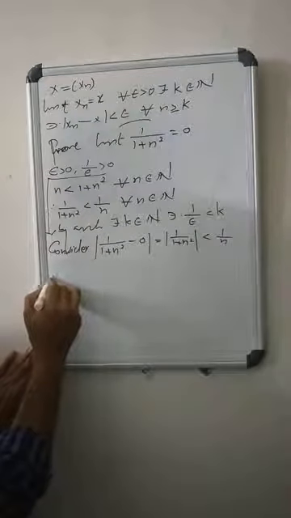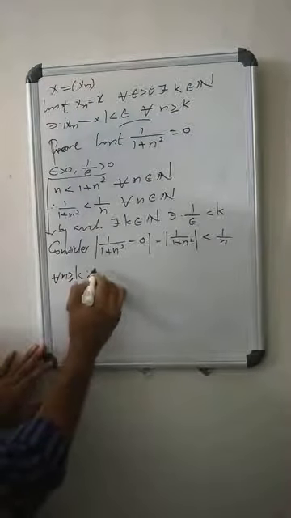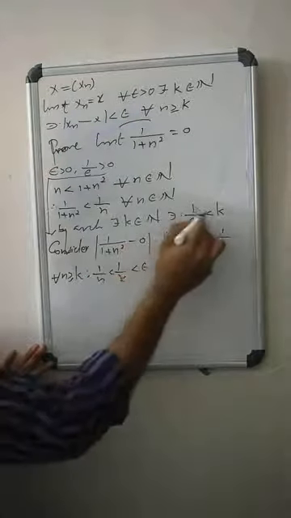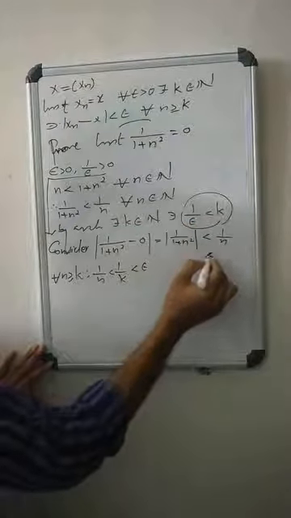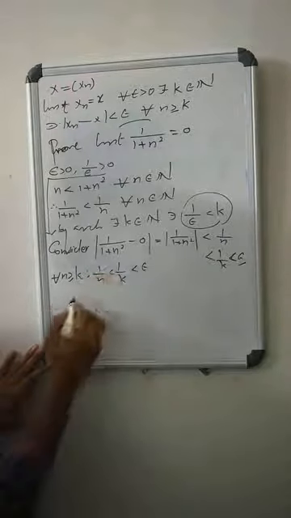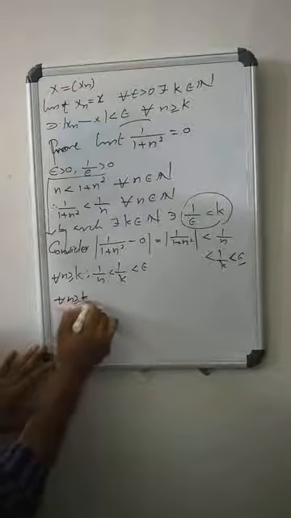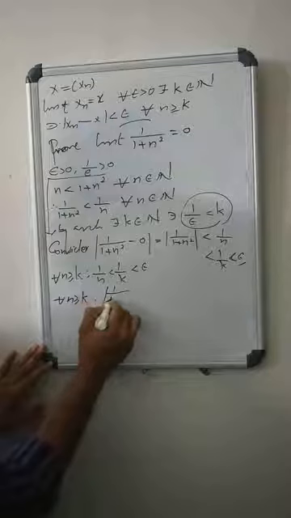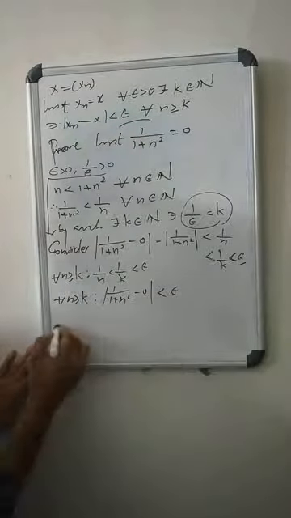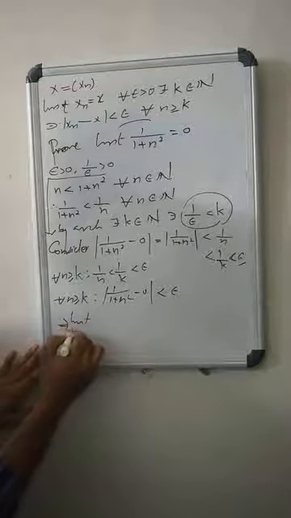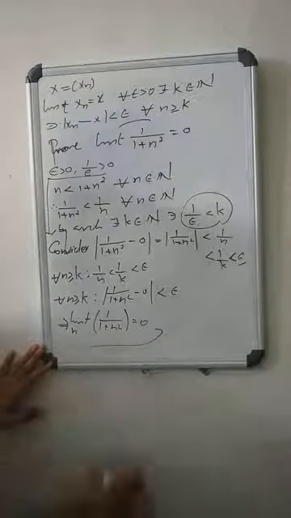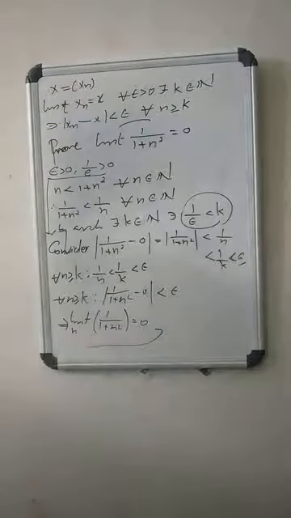Now for all n greater than or equal to k, 1 by n is strictly less than 1 by k, but 1 by k is strictly less than epsilon. So we have for all n greater than or equal to k, modulus of 1 by 1 plus n square minus 0 is strictly less than epsilon. Since epsilon is arbitrary, we have limit 1 by 1 plus n square equals 0. Agreed.